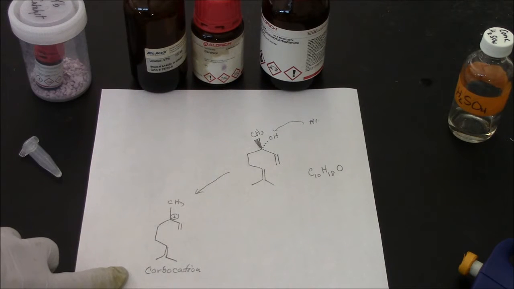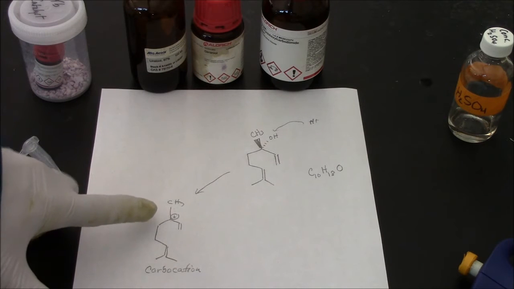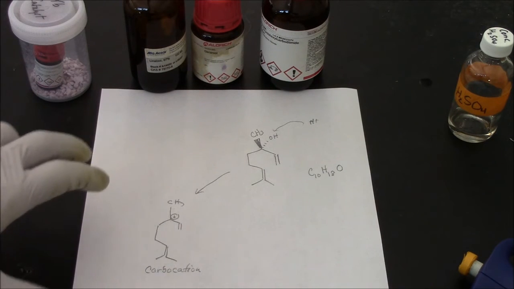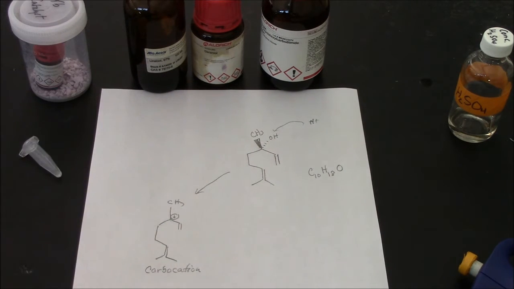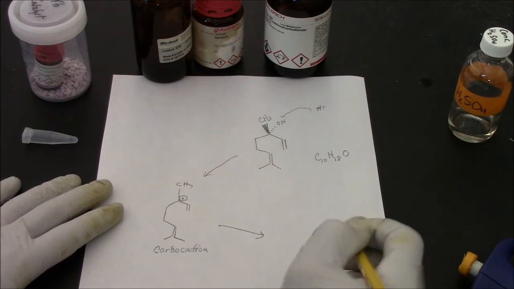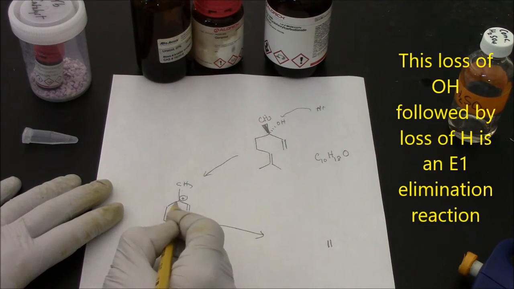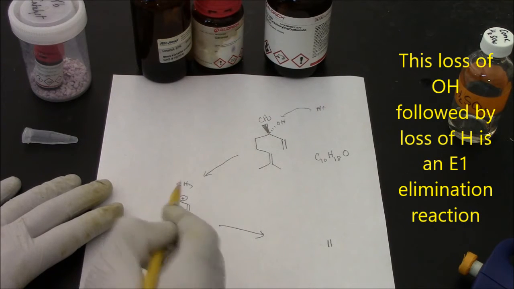This is a carbocation. As far as carbocations go, this is rather stable, but it is not stable, and it will react in some way to become stable. This could react by losing a hydrogen, and you'll get a double bond somewhere. So the double bond could be here, could be here.